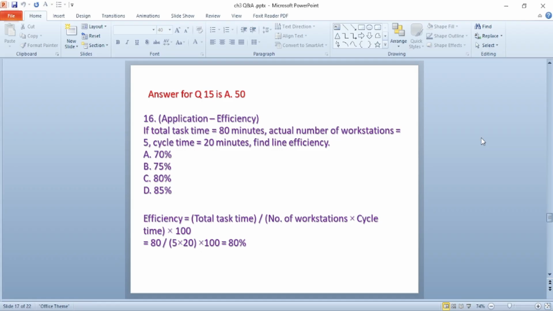Total task time is 80 divided by 5 workstations times 20 minutes cycle time, times 100, which is equal to 80%. The answer is C.